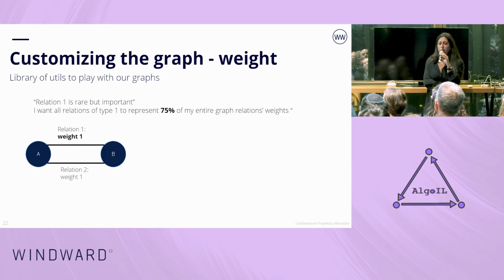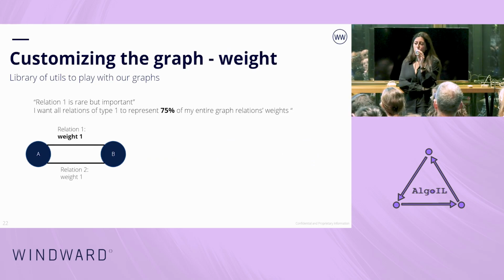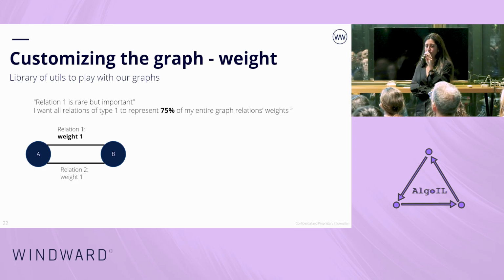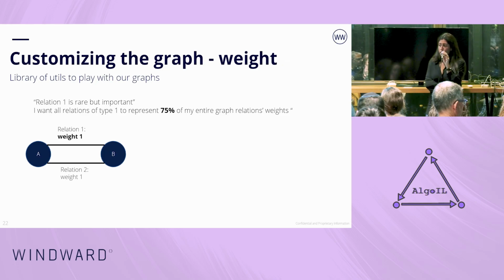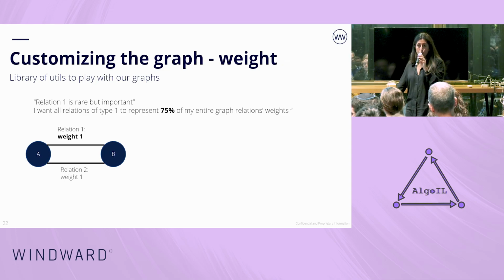We've also been working on what we call reweighting our graph because it was very important for us. We pretty early realized that if a relation is very present in the graph, it will have a huge weight, right? Because it will be there a lot of times. But we understood that sometimes rare events are the most important, right?